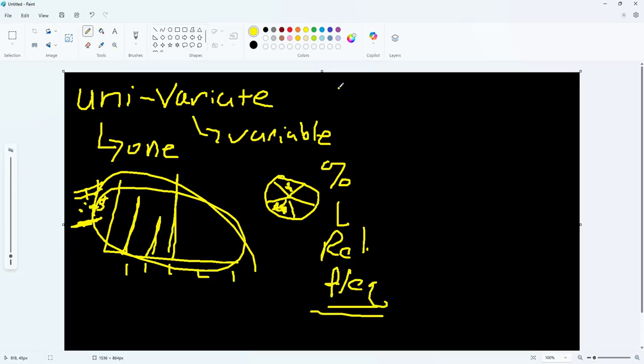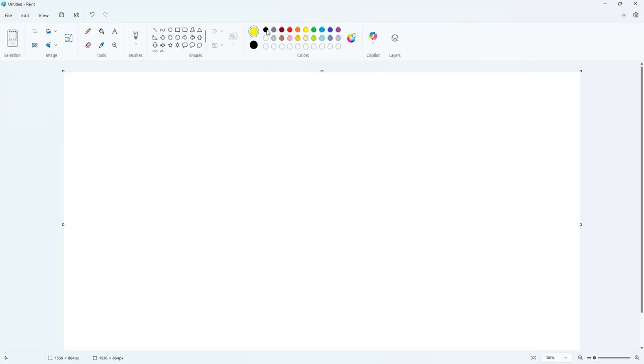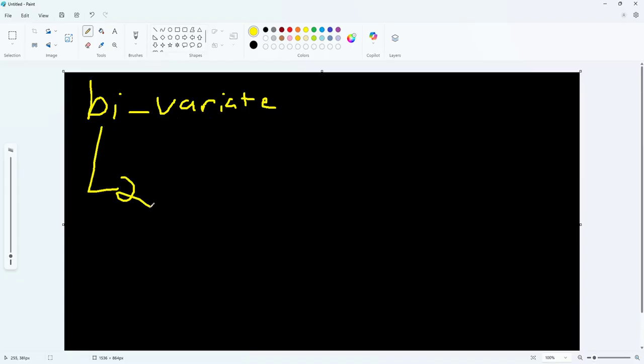Okay, that's univariate data, and then there is, you probably guessed it, if uni means 1, bi is 2, bivariate data. This is two things, and variate is still a variable.